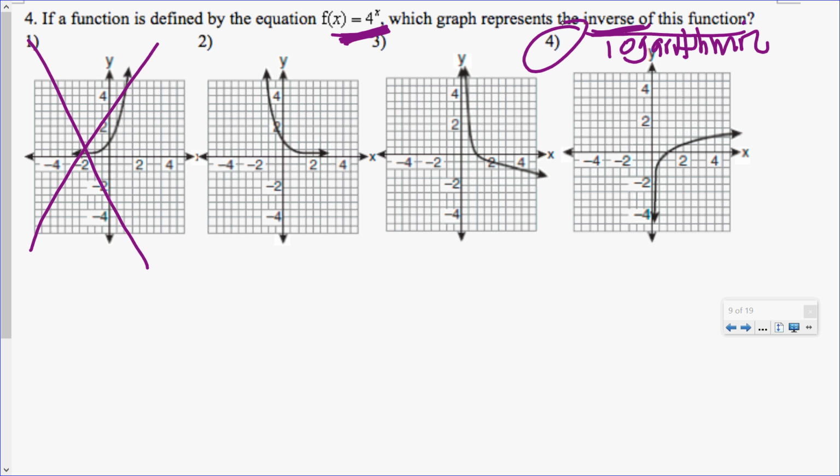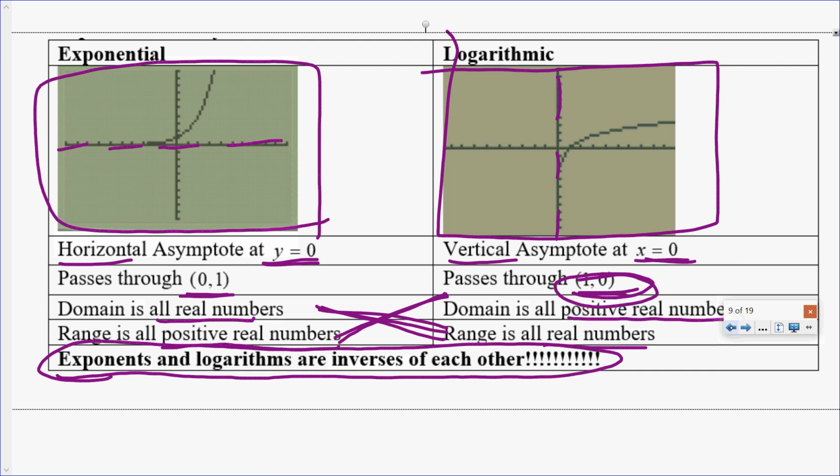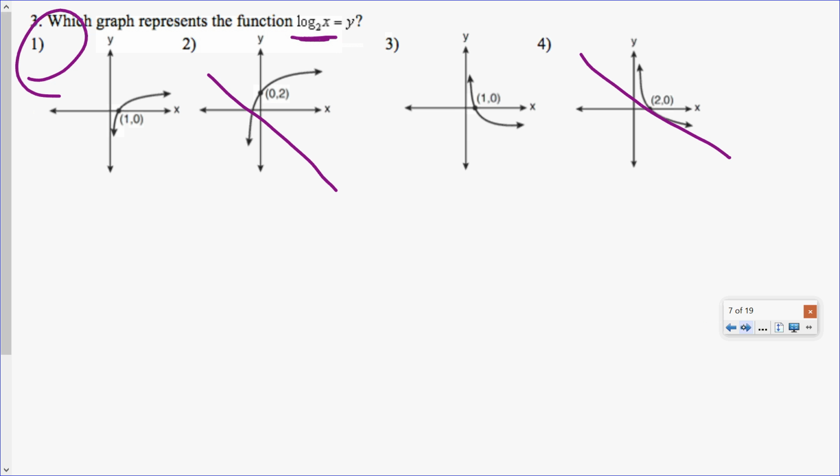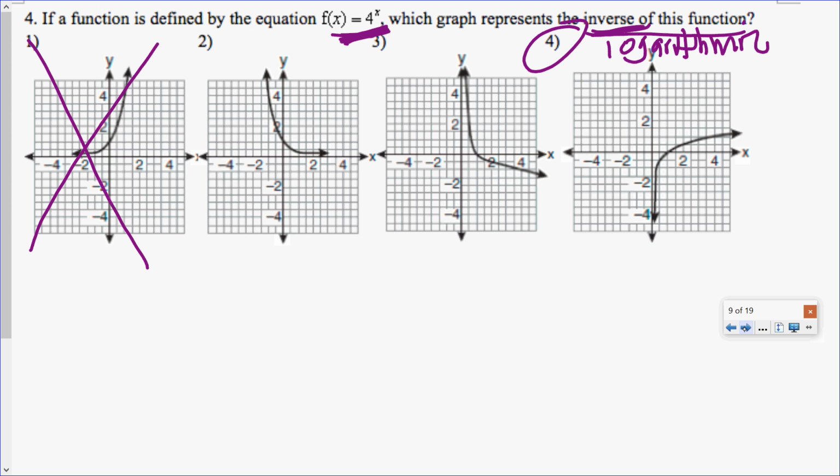Choice 4, because you need to know that an exponential growth looks like this, and a logarithmic looks like this. It's about knowing what they look like and understanding they're inverses of each other. So if it asks for the inverse of an exponential, you're looking for a logarithmic.